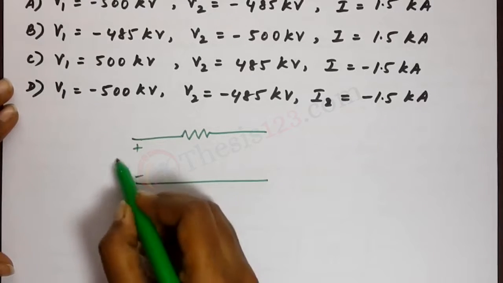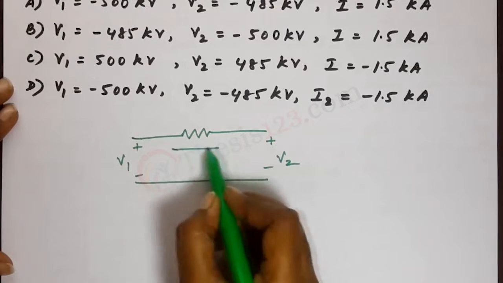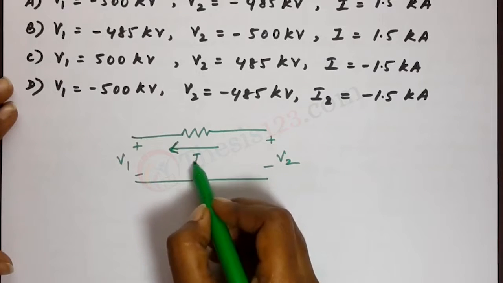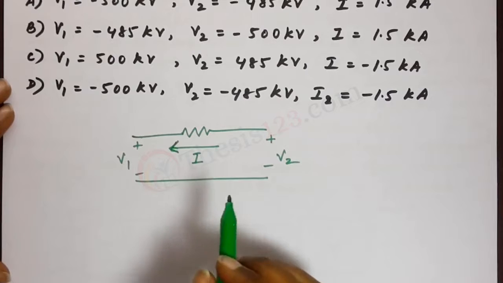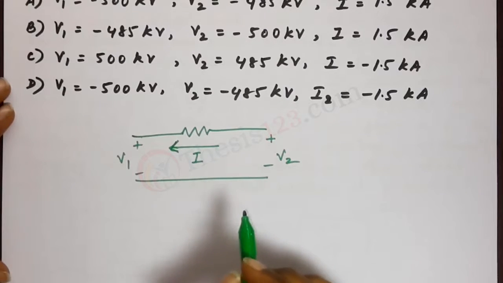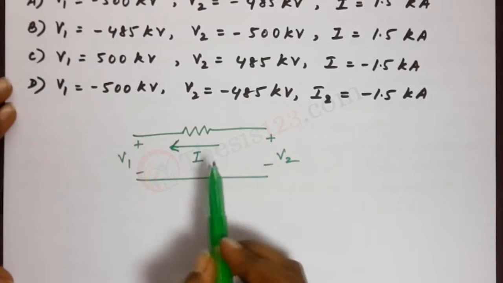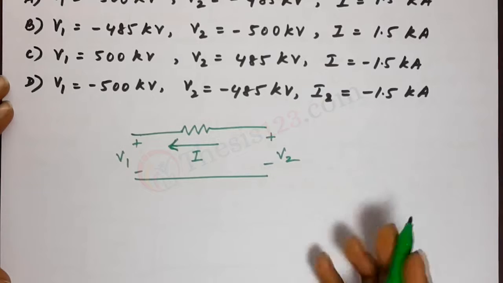We have our voltages V1, V2, and for the power flow to be reversed, our current is to be reversed as well. The important point here to remember in case of an HVDC link is that if the current is reversed or if the power flow is reversed, the current must remain the same, which means that it must have the same polarity.